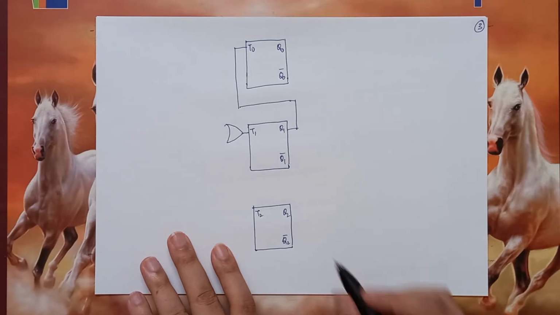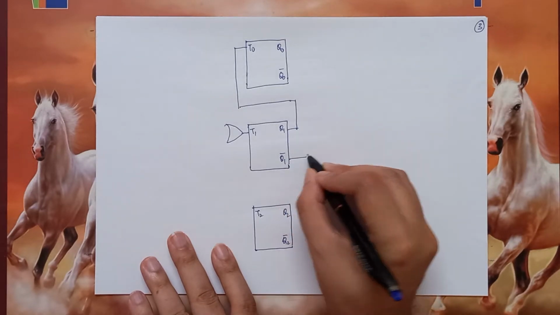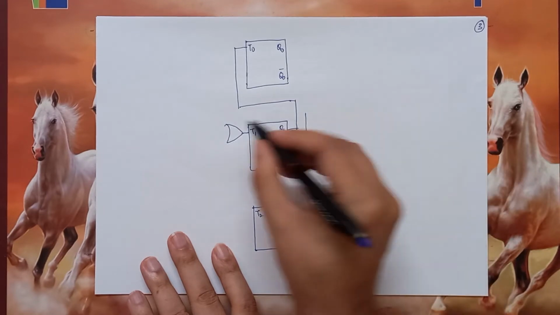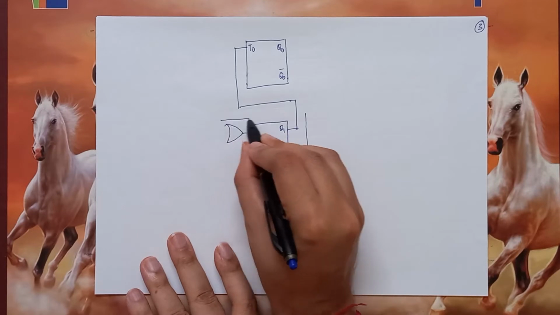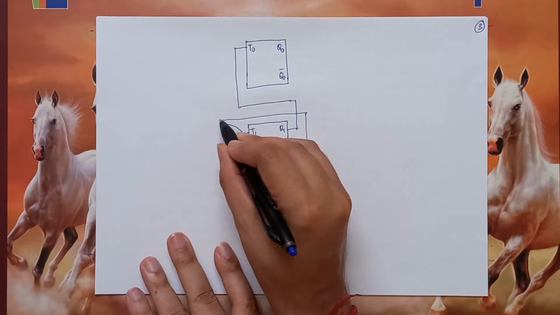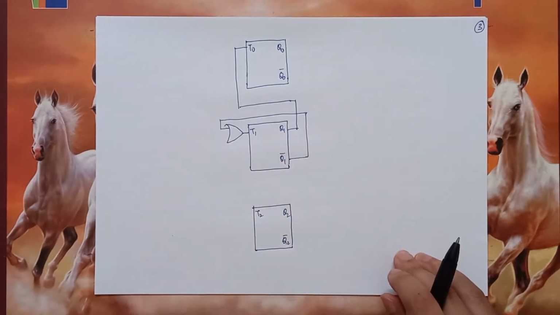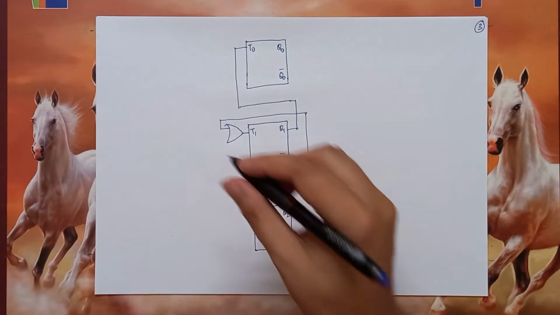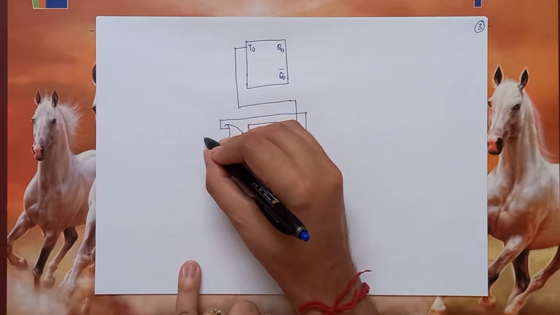So Q1 bar would come this way. So the next term we have is Q2 Q0 and Q2 bar Q0 bar, which will essentially form something like an XNOR operation. So we can show that XNOR gate itself.